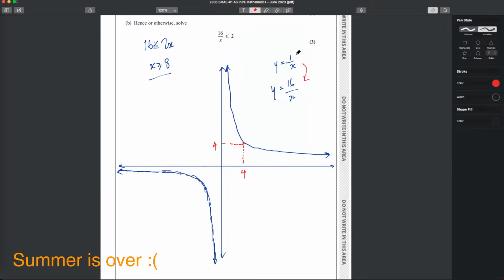If we've got y equals 1 over x, and then y equals 16 over x, what's the transformation? It's a translation of the graph, I think. Although this point goes from 1, 1 to 4, 4.